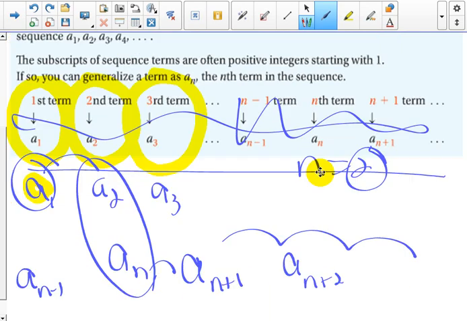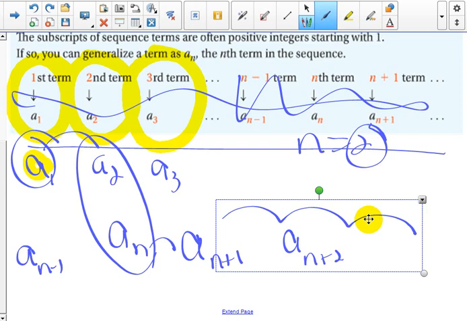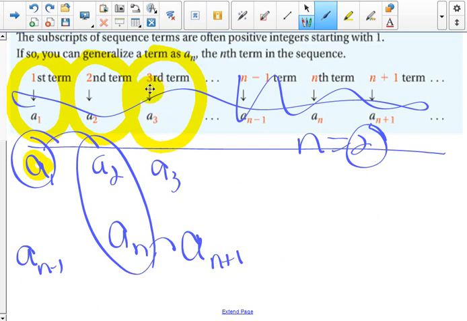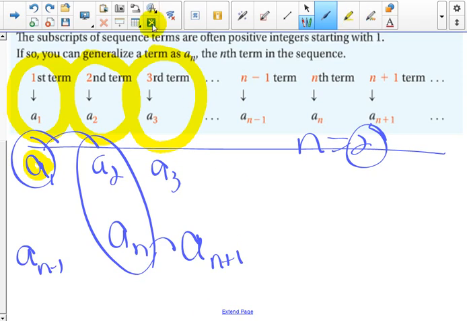Term of a sequence. So I can represent all of these terms in a sequence with n's and with variables. Series is coming up. So this is just sequence. All right, any questions on how to represent terms in a sequence?